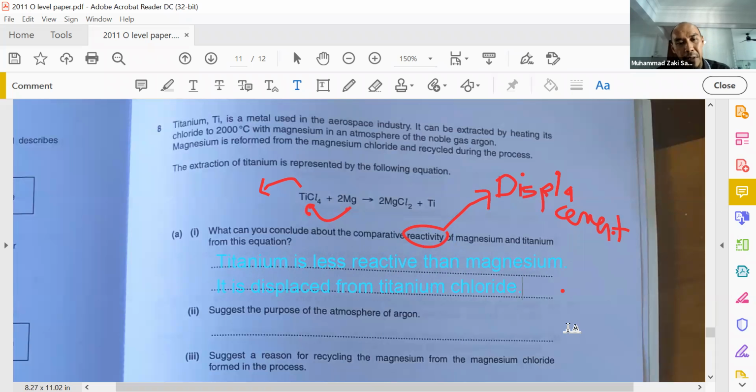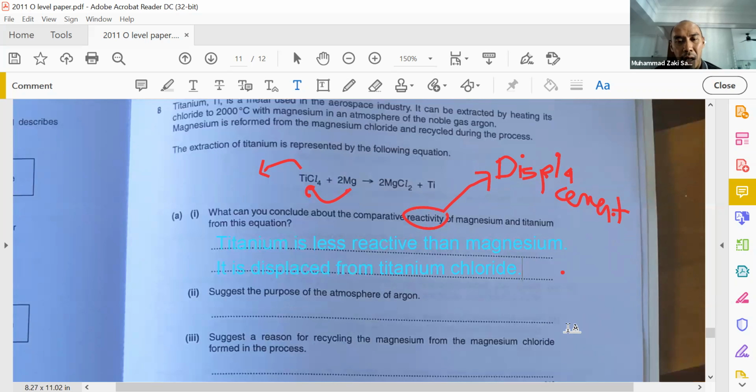So what do you think is the purpose of argon? Now, if you remember, argon is an unreactive gas. So it will actually make the reaction less explosive, less reactive. Some sort of cooling down of the reaction, or making the reaction less reactive.